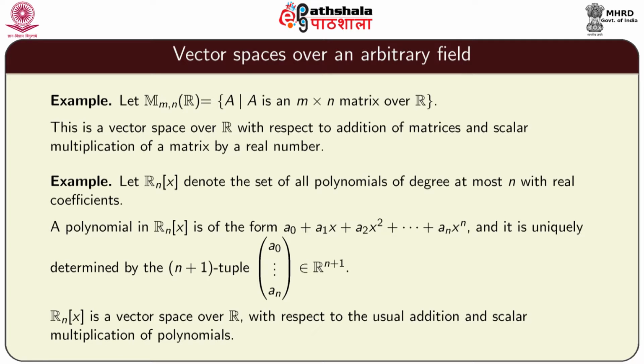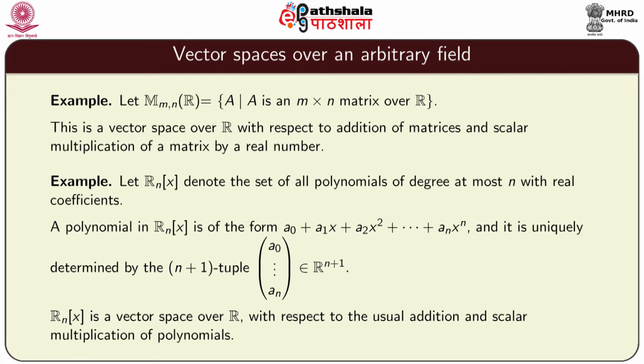So, typically a polynomial with real coefficients with degree at most n would look like a0 plus a1 x plus a2 x square and so on, an x to the power n, where a0, a1, and an are n plus 1 real numbers. x stands for the indeterminate, and what is important here is that a polynomial like this is uniquely determined by the n plus 1 tuple a0, a1, a2 etc. an, and this n plus 1 tuple is in R^(n+1).